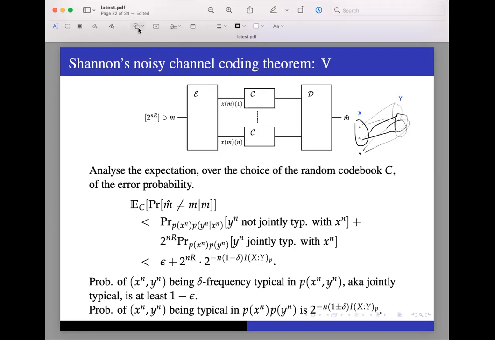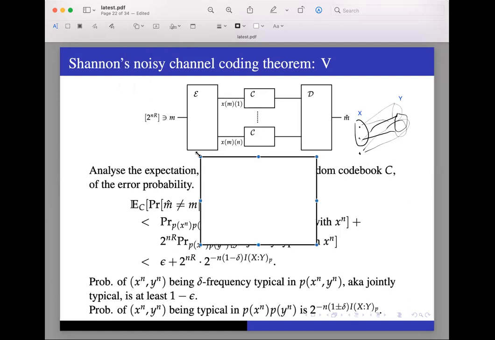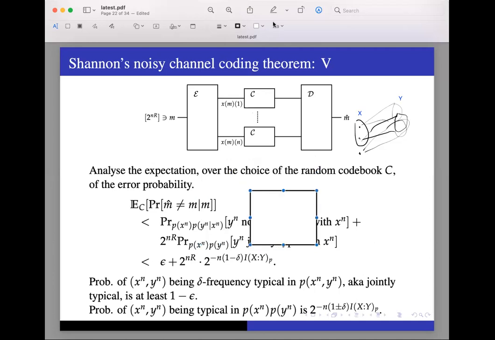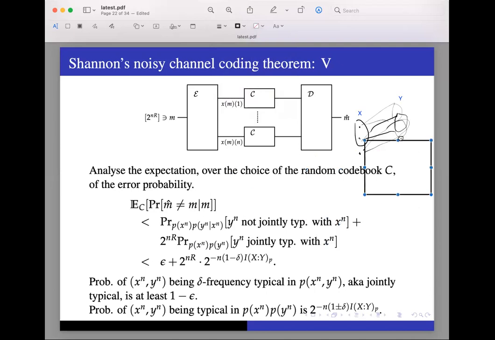So let me draw a different kind of thing out here. For the product distribution, again things are concentrated in the typical set for X times the typical set for Y, and it looks like this.